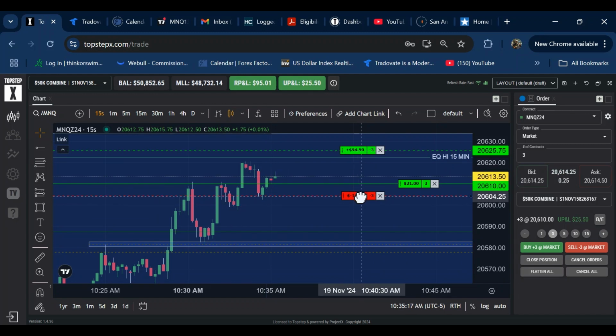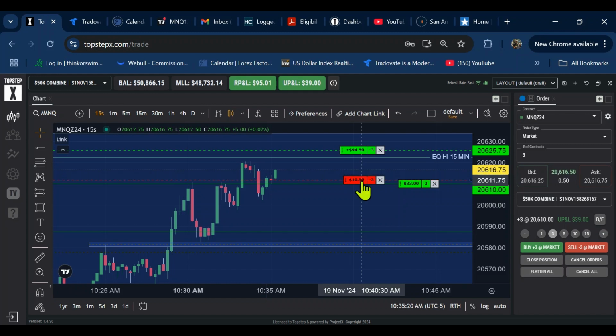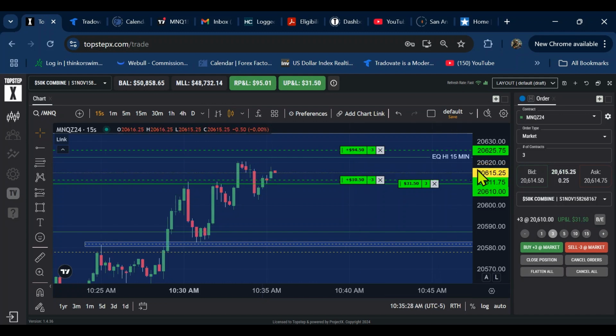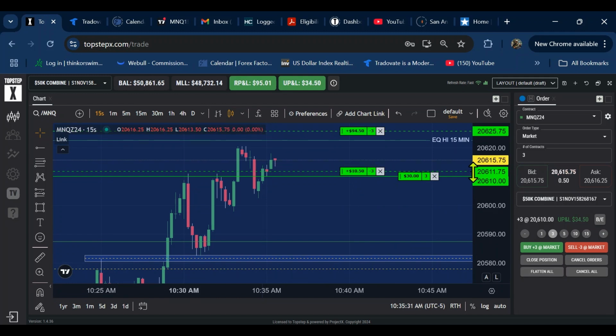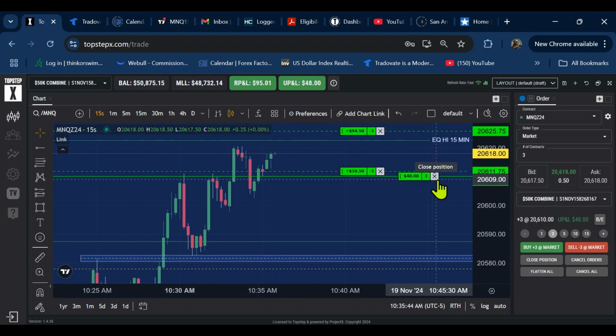Go ahead. In this environment, you want to go ahead and take the risk off as soon as possible. This is a 15-second chart, and I'm using the levels on the 15-second chart for when that algorithm's dancing.